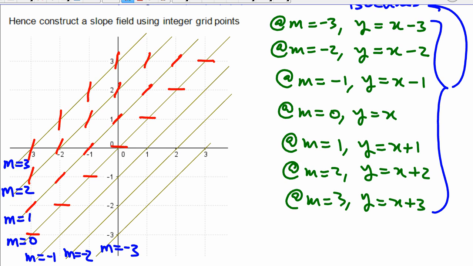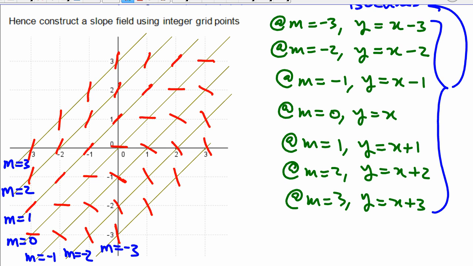Any line that crosses this curve at any point, its gradient should be 0. And then negative 1, and then negative 2, and then negative 3, which is much steeper. Okay, so something like that.